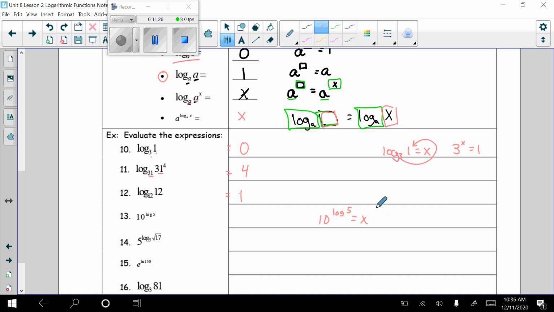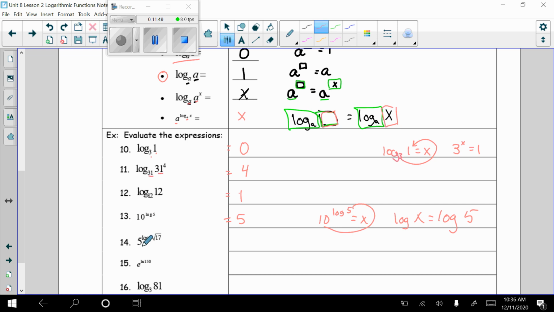If I set this equal to x and convert it, then I have log base 10, which is just log of x is equal to the log of 5. Well, that means that x equals 5 then. These cancel each other out because the base is the same as the base on the log in the exponent position.